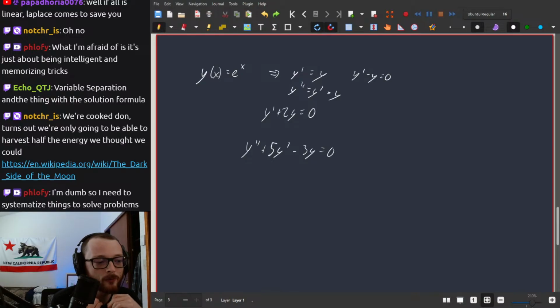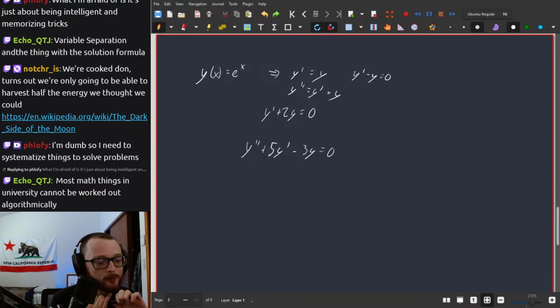The things you're going to learn are going to come down to rewriting differential equations in ways that are familiar to us. Because of what I said, where we don't necessarily have a general way to solve ODEs. Not really a good one.